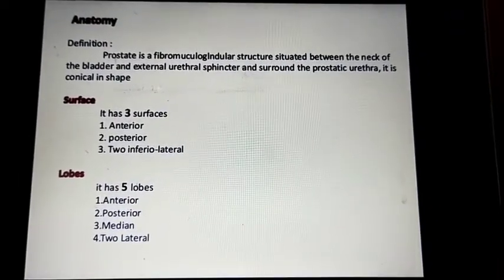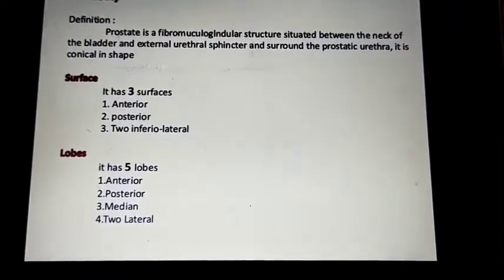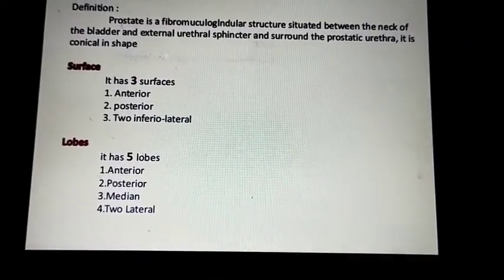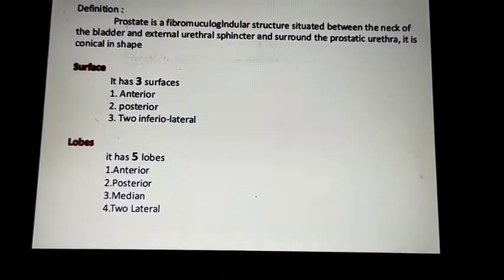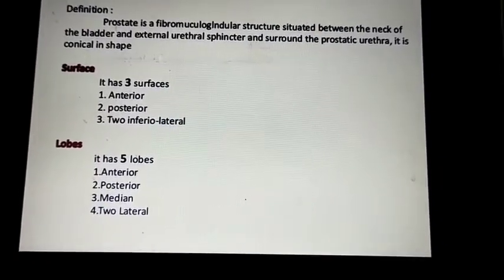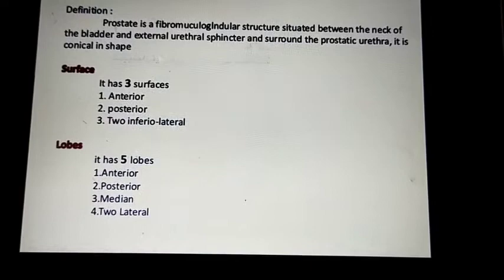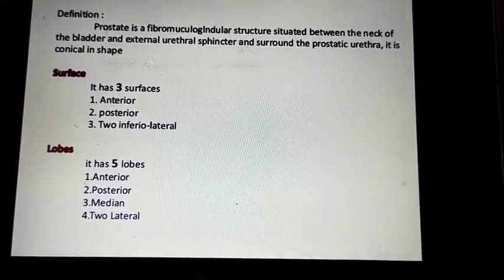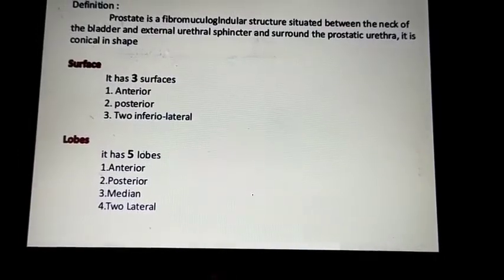First of all, the prostate is very important. Why am I stressing this? The prostate is a fibromuscular glandular structure. It has both a glandular function and a muscular function. What is the muscular function?